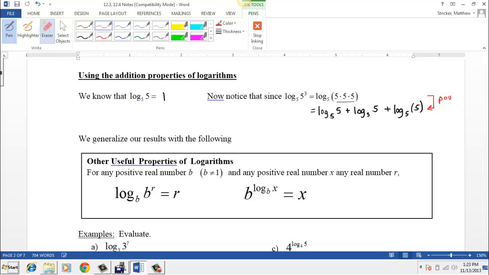I'm sorry, the product rule. And then based on what we just wrote over here on the left side, log base 5 of 5 is 1. So each one of these three logs is equal to 1. 1 plus 1 plus 1. So this is equal to 3.